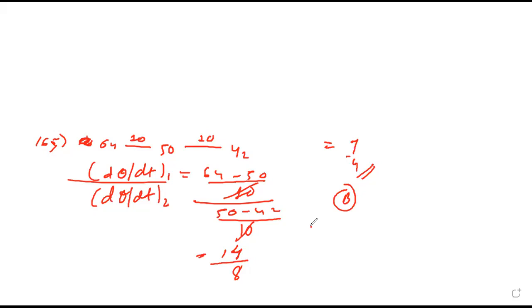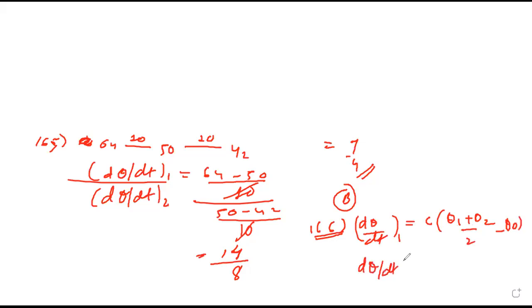Yes, student. In the above, find what is temperature of surrounding. So we got d theta by dt of 1, which we can also write c into theta 1 plus theta 2 upon 2 minus theta 0, and d theta by dt of second is c into theta 2 plus theta 3 upon 2 minus surrounding.